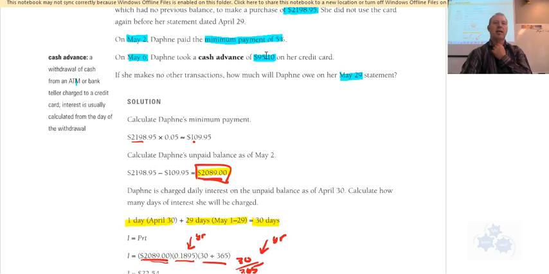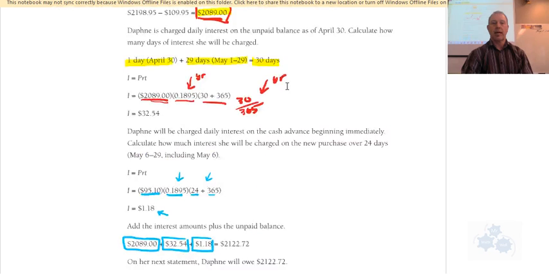So I guess because this 95.10 is made in the middle of May, she doesn't owe it until the next month. That's probably what that means. Okay? So the May 29th is sort of everything within the last month, but this one isn't really due to be paid until the next statement, perhaps. Because I don't see it in here.